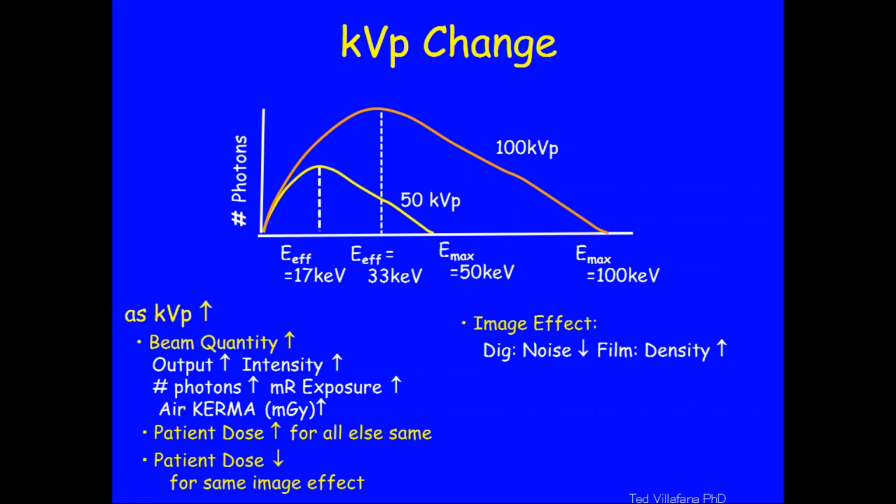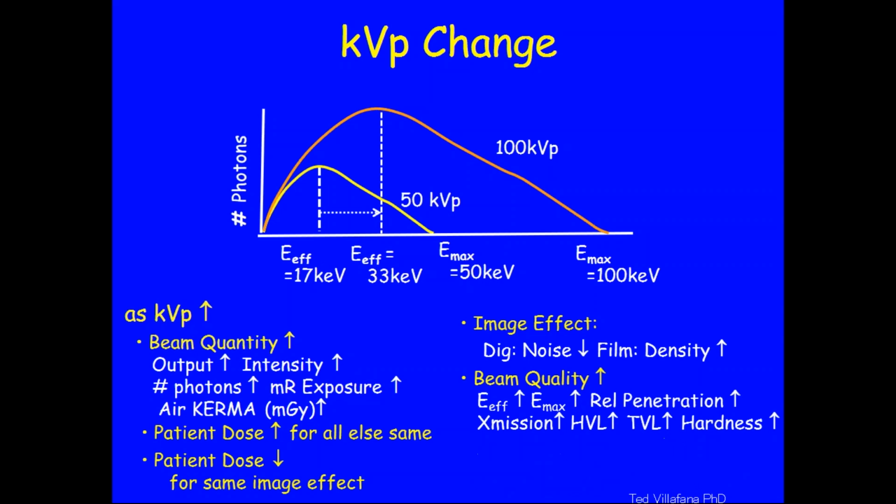How about the image effect? Well, if you get more photons, less noise. If you get more photons, the film gets blacker, okay? We've seen that before. How about beam quality? Now, remember, beam quality goes as energy. The penetration goes as energy. When you change kV, you change energy, as we've seen in these curves.